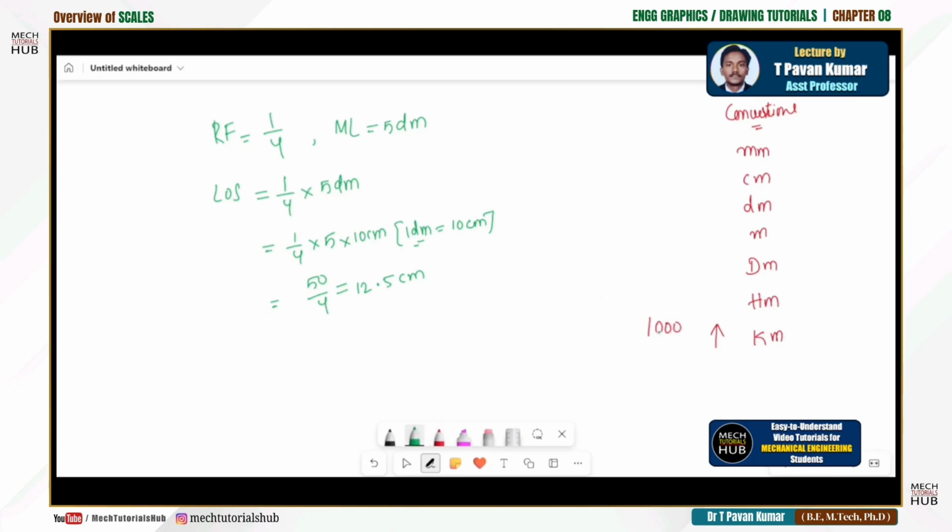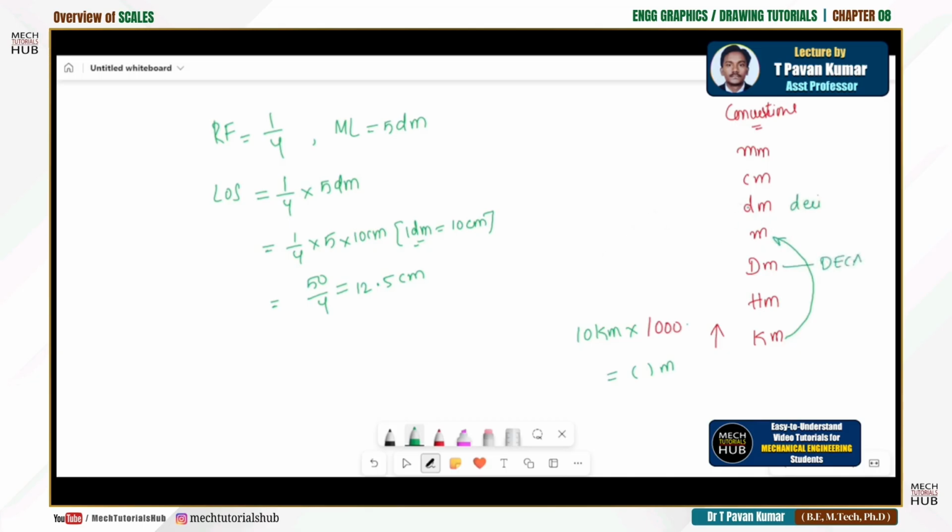For example, 10 kilometers multiplied by 1000 will give 10,000 meters. I am converting 10 kilometers to meters, so if I multiply by 1000, everything will be converted to meters. This I call decimeter, small d, and this deca, capital D.